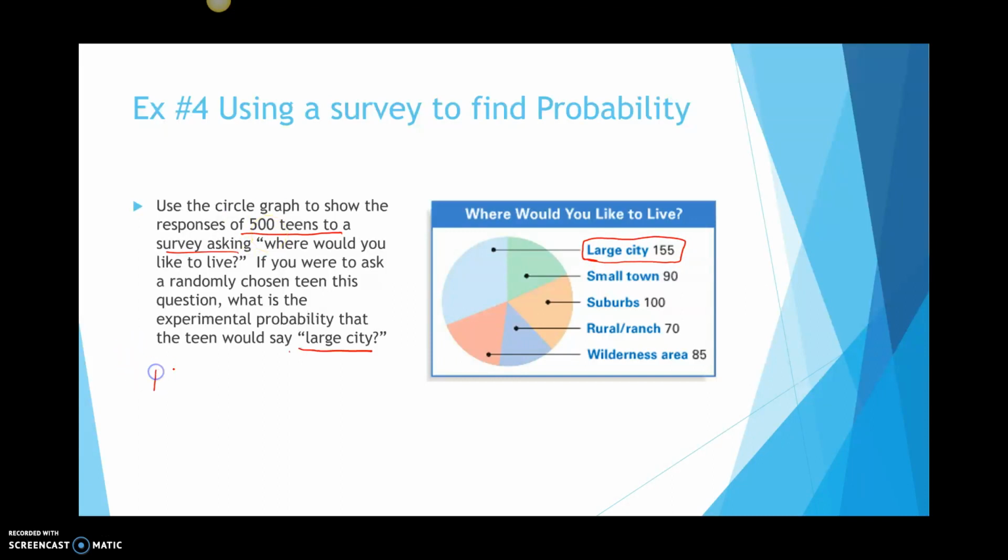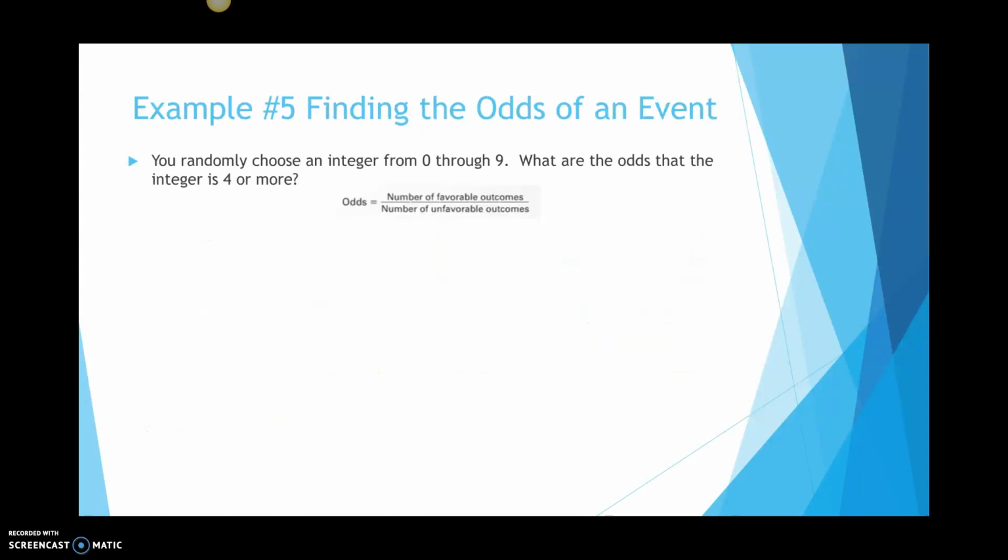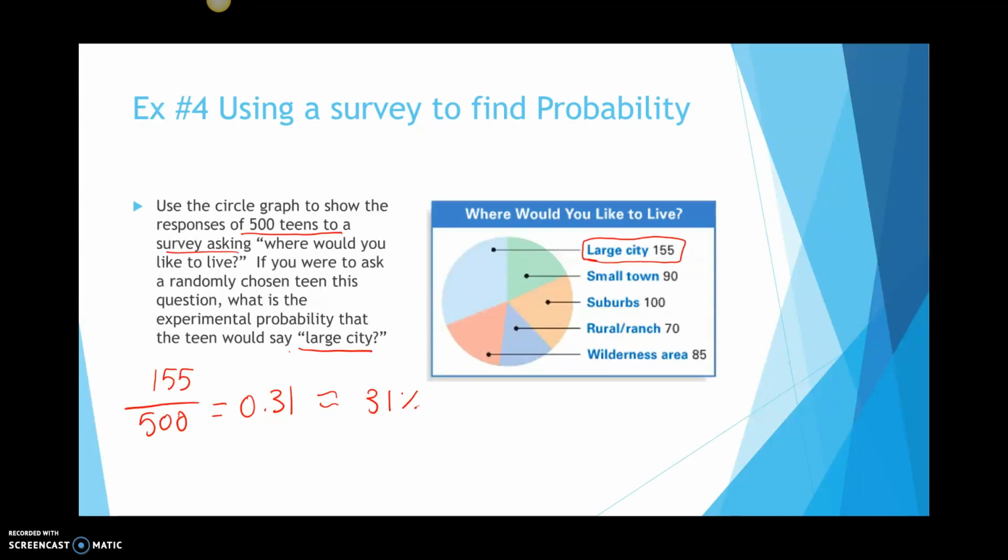So we're going to set this up as 155 over 500. When we simplify this down and get the decimal, that's about 0.31, which is 31% of the teens who want to live in a large city.